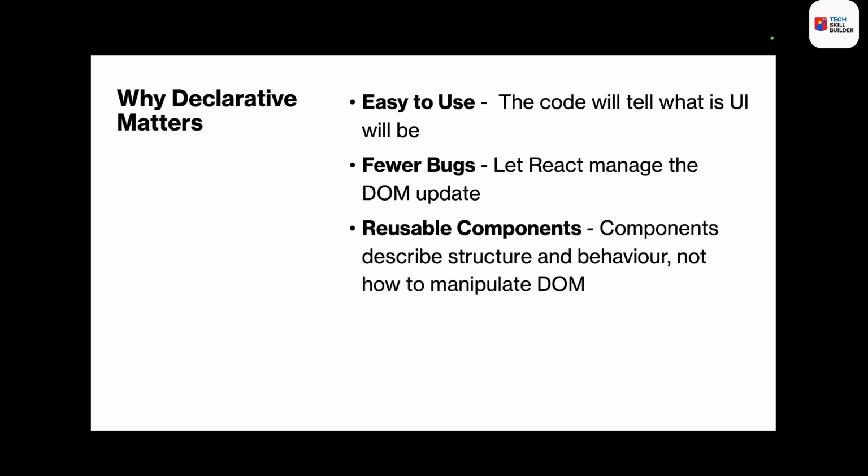Reusable components: components describe structure and behavior, not how to manipulate the DOM. So we don't have to worry about how the virtual DOM or something else is manipulating behind the scenes.